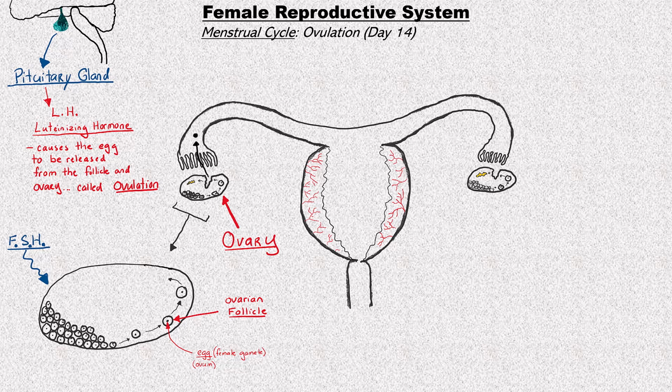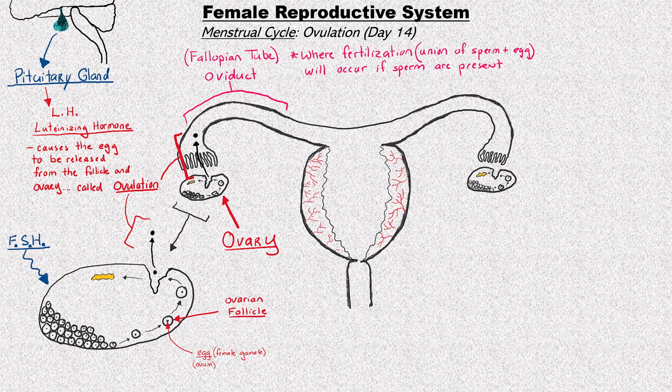Here's the egg being released. That's ovulation. Looking closely at the ovary, there's ovulation again. That egg is released into a tube called the fallopian tube, the oviduct that we looked at before. This is where fertilization could happen, the union of the sperm and the egg, and it must happen in the first third of the oviduct in order to divide enough and become a hollow, sticky ball of cells.